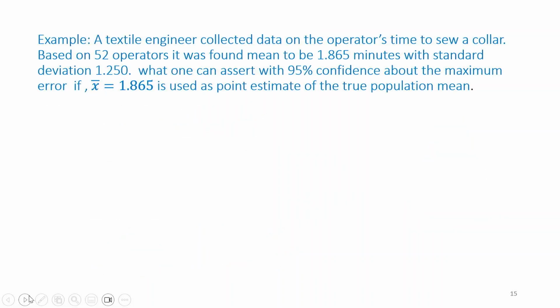Now, one more numerical problem related to this topic. A textile engineer collected data on the operator's time to sew a collar. Based on 52 operators, the mean was found to be 1.865 minutes, with standard deviation 1.250.